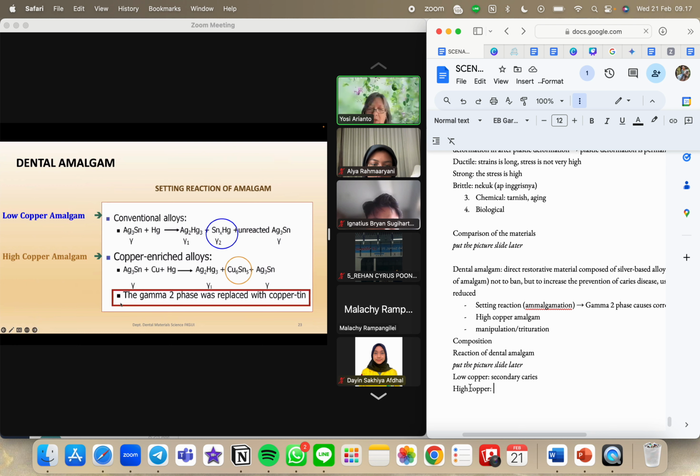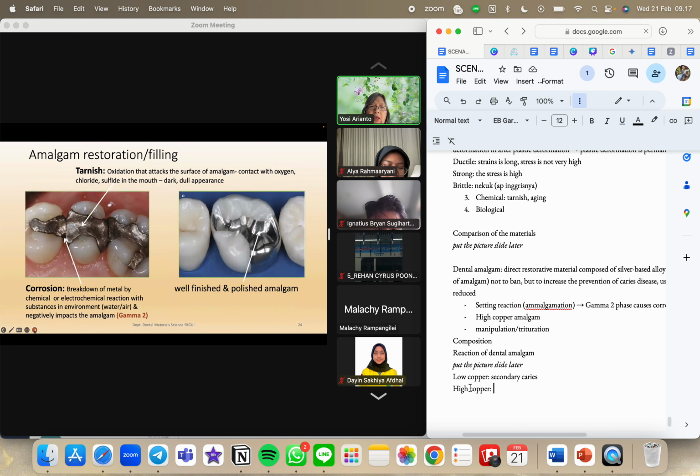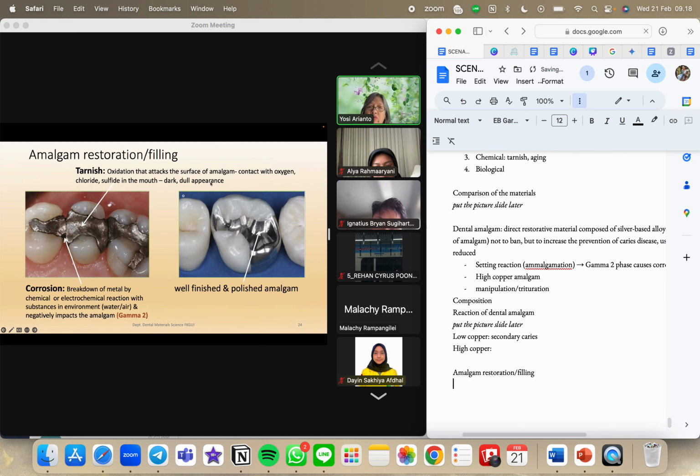See, this one is very important. About tarnish or corrosion. Tarnish is the oxidation that attacks the surface of amalgam, which is in contact with oxygen, chloride, sulfide, with an appearance like this. So usually it's very dark, it's not very beautiful, yeah.